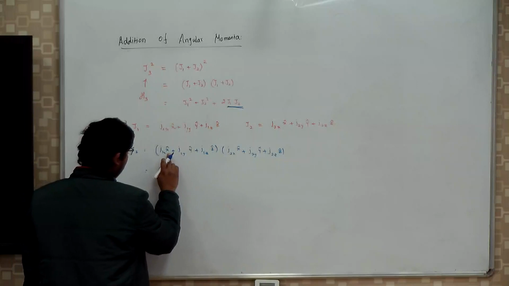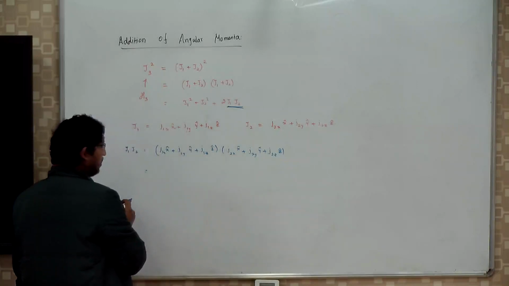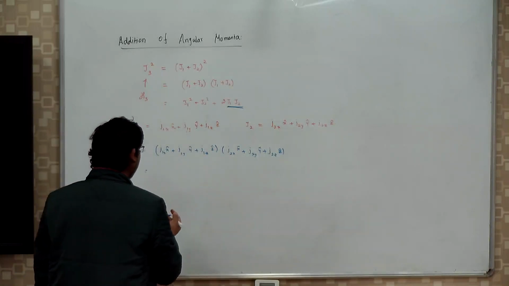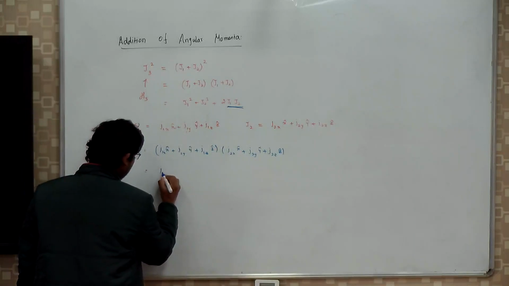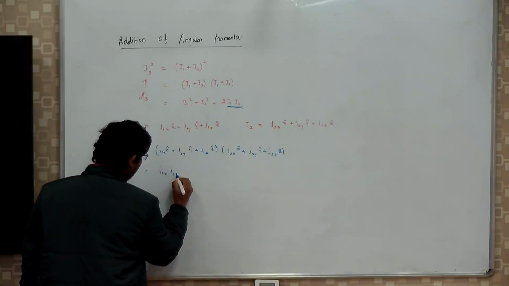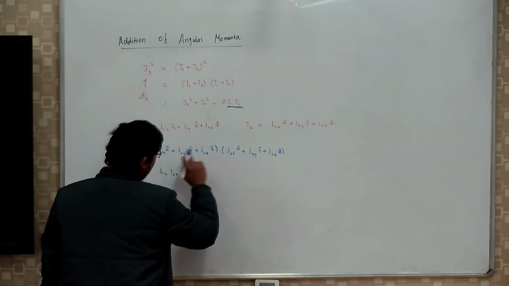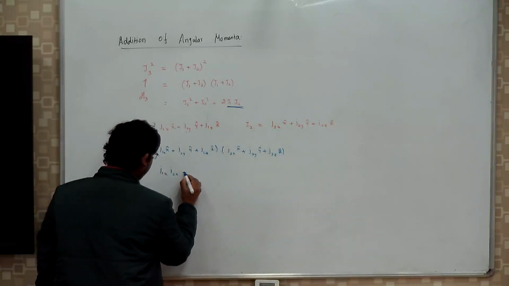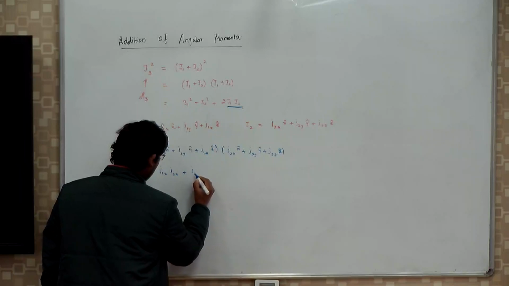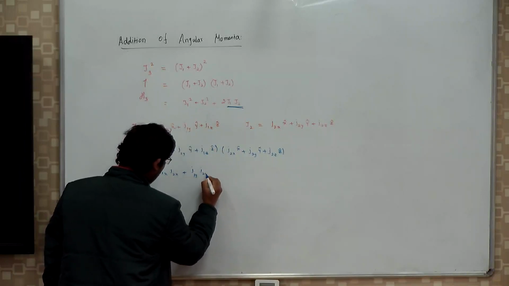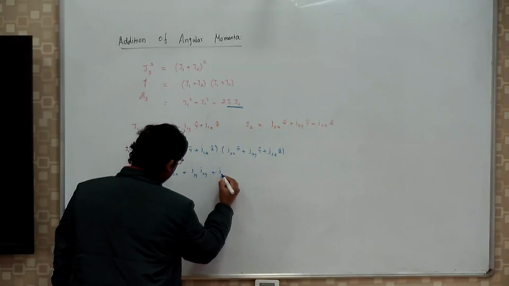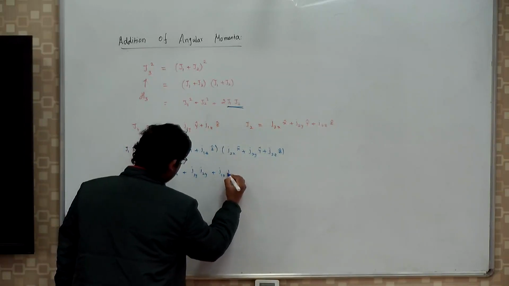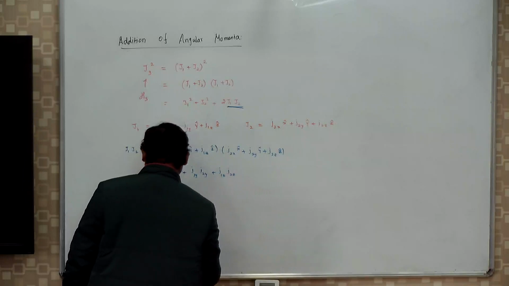Then multiplying these two, x dot x will be 1, then Z1x Z2x, and x dot y, x dot ez will be 0, then plus Z1y Z2y plus Z1ez Z2ez.